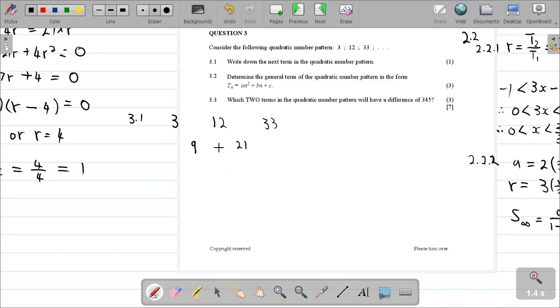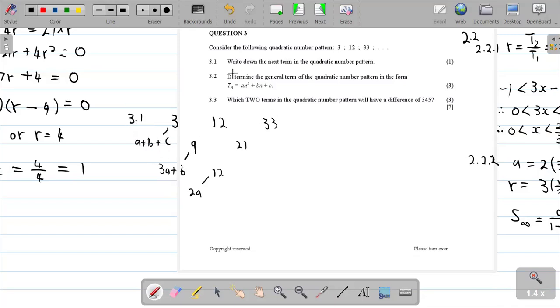And then the difference between these two, this minus that, you get 12. So this over here is equal to 2a, this over here is 3a plus b, and then this here is a plus b plus c.